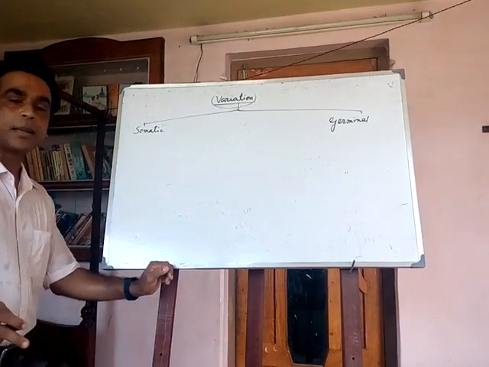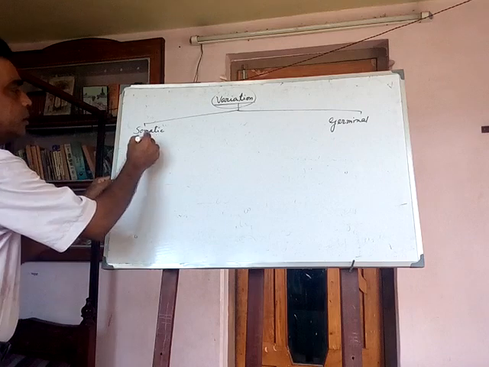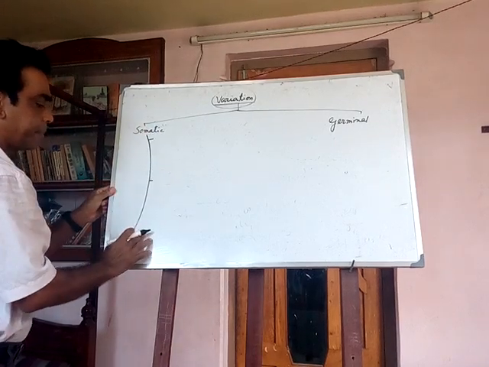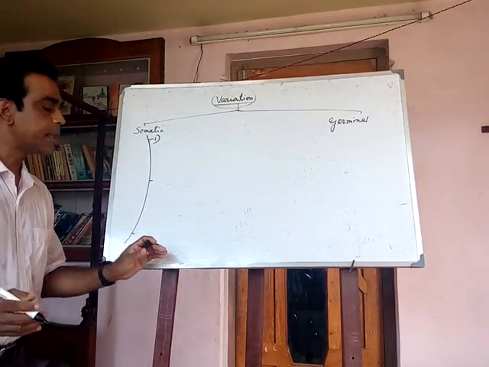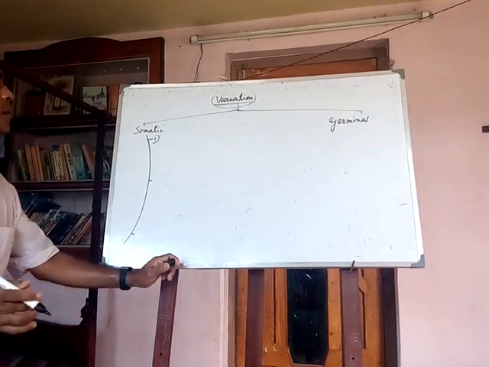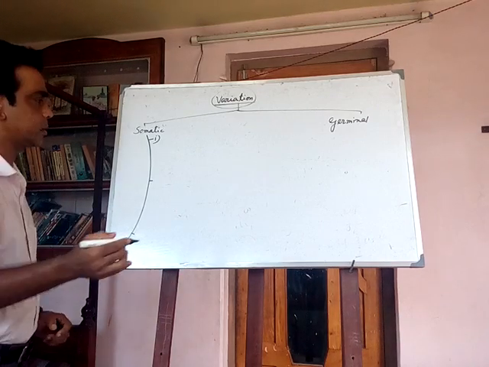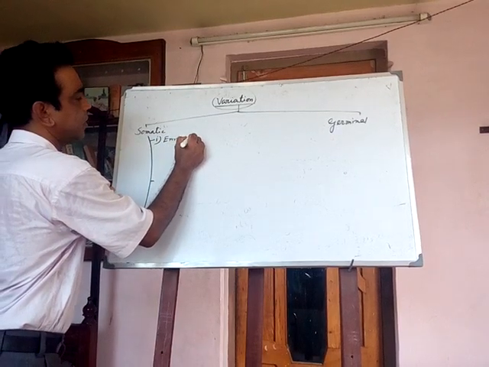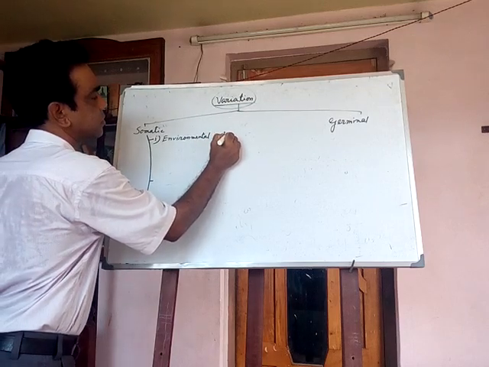Now we learn about the somatic variations. One, somatic variations take place by environmental influences.